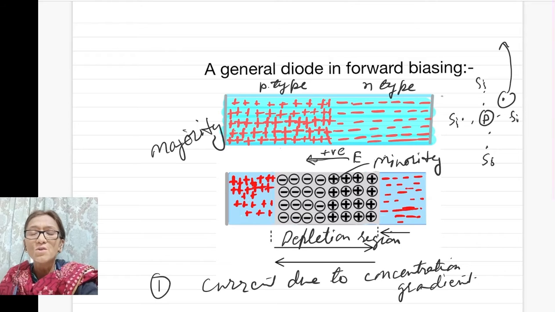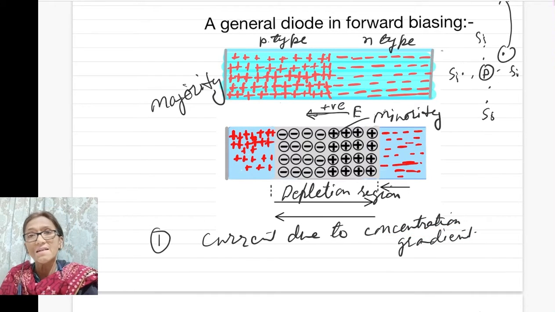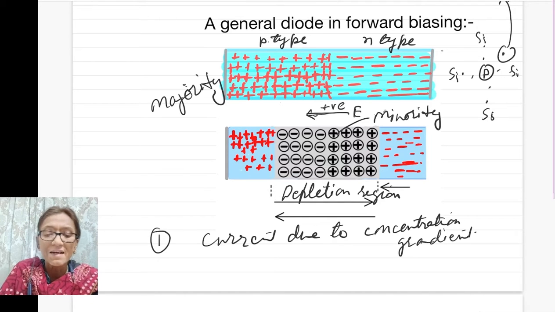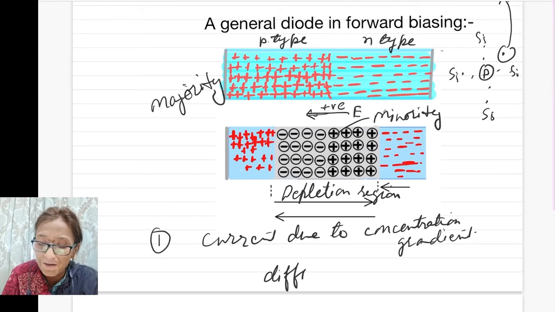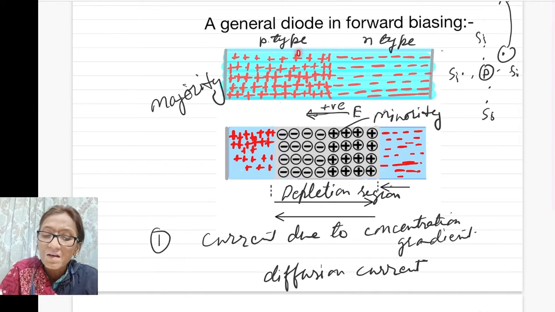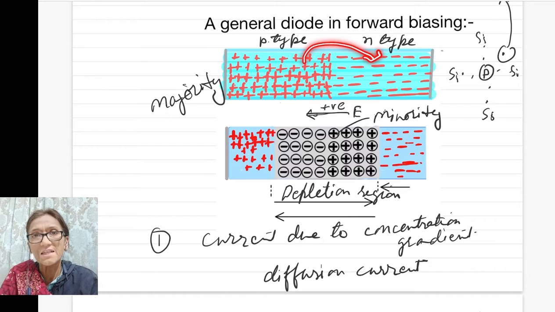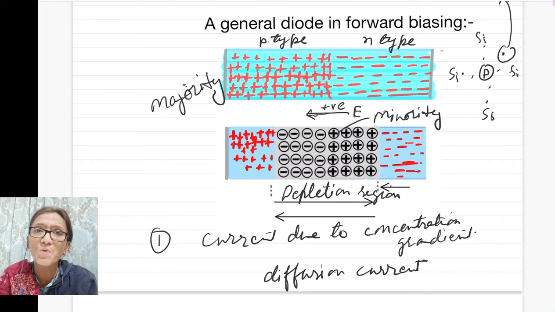electrons. So due to concentration gradient, a current is generated, and that current is called diffusion current. Holes start moving from this side to this side due to concentration difference. You know, when sugar syrup is mixed with pure water, it immediately mixes all along.